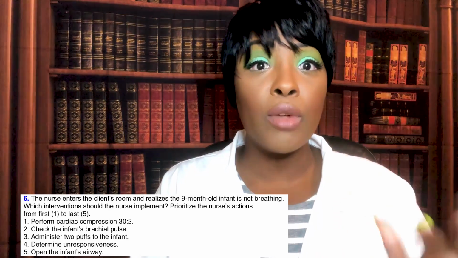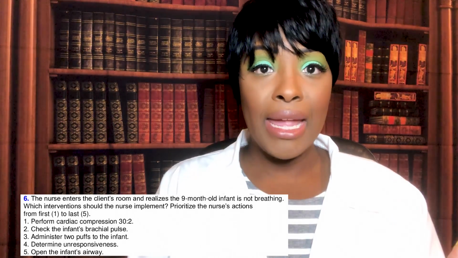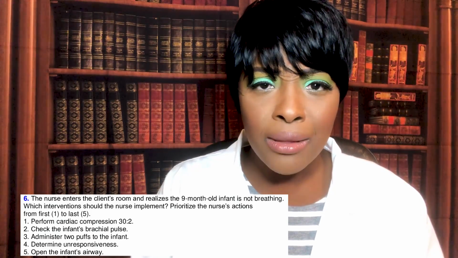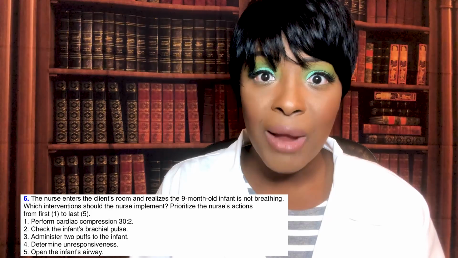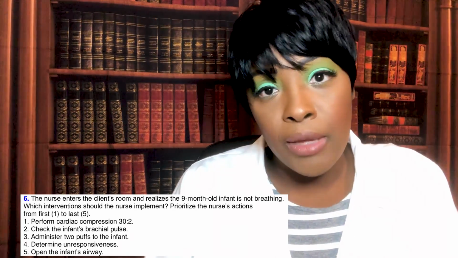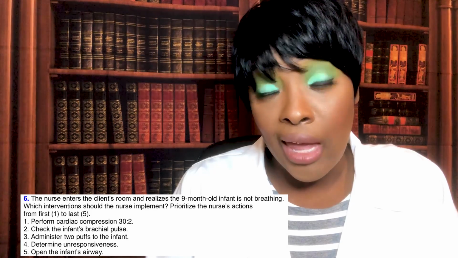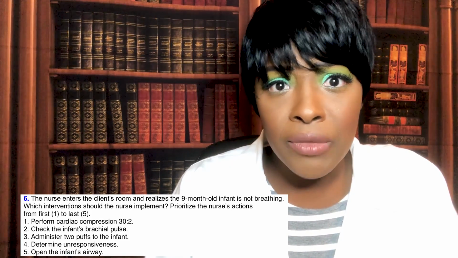I think I skipped one, but anyway, I'm going to give it to you in order, okay? So the first thing you want to do is determine their unresponsiveness. ATI. The A in ATI is assess, right? Can you imagine you starting CPR on a patient and they're actually breathing and you thought that they weren't? Assess them. Guess what?